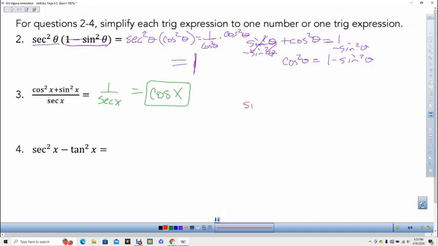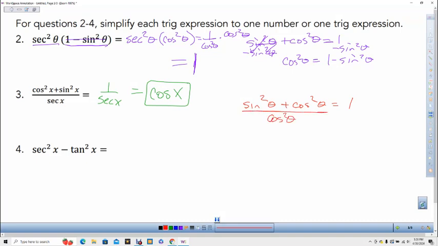So remember, if you don't remember it off the top of your head, derive it. And if I want secant, that's going to be dividing by cosine. But if I want to get tangent, I'm going to have to divide by, yeah, I'll divide by cosine.